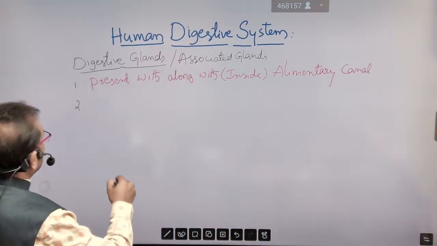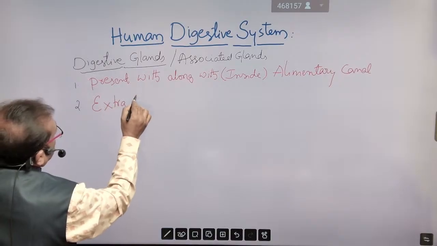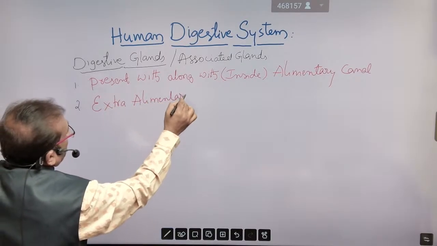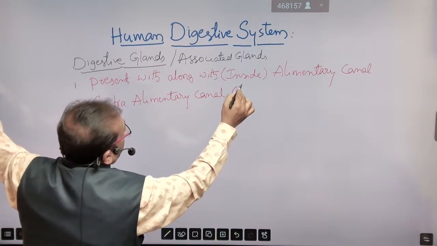And the second part is called extra alimentary canal glands.